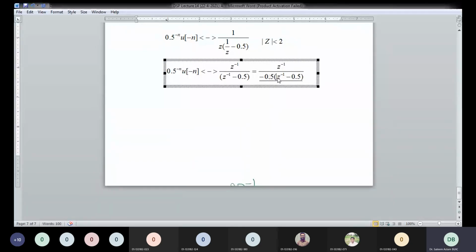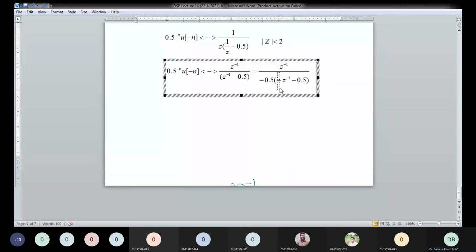When you take -0.5 common, it would be 1 over 0.5 minus 1 by 0.5. Let's write it directly above. It is -0.5 inverse, and here what will come, +1.